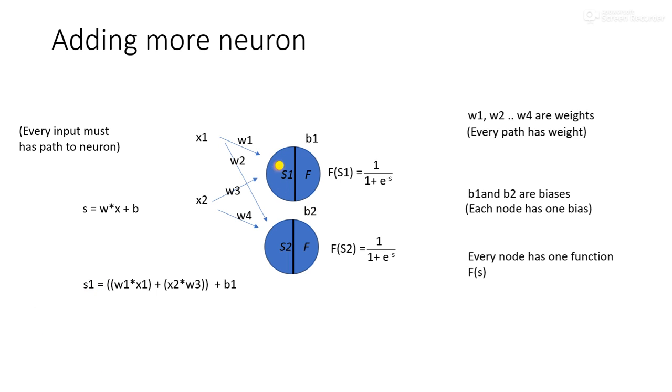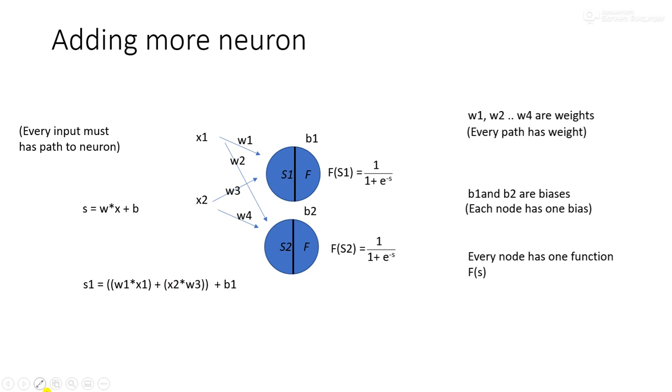For S1 here, basically this one is S1. The value of S1 is basically W1 multiplied by X1 plus W3 multiplied by X2.